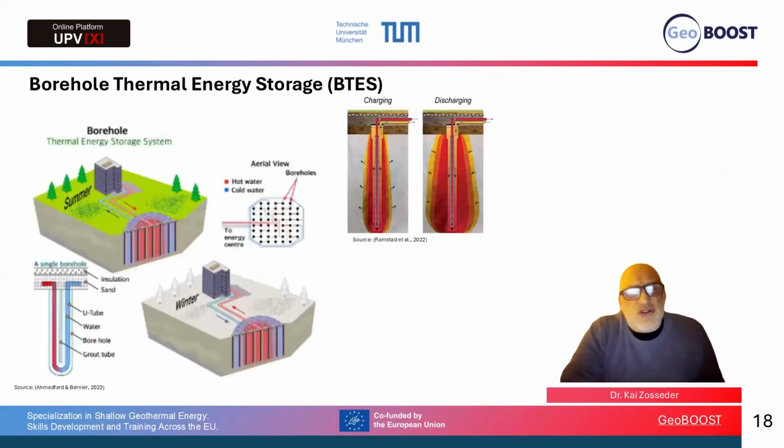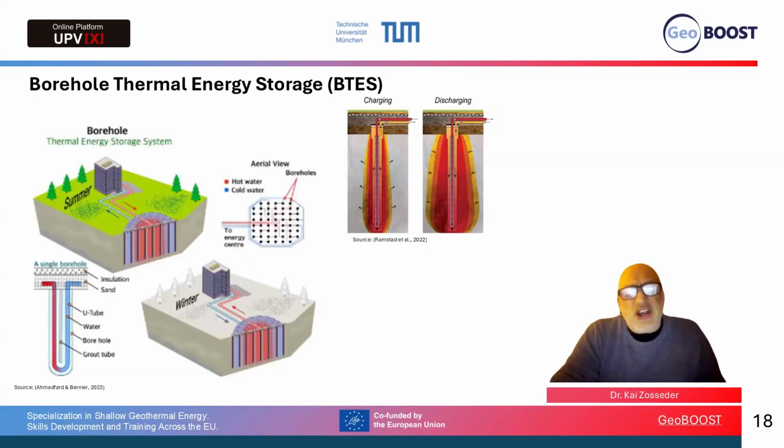Of course, you can use borehole heat exchangers also as a storage system, a so-called BTES system. This is quite like an ATES, just in a closed loop system. So you have a charging and a discharging, which means you charge, you put heat in the underground with the borehole heat exchangers, and then you can use it during winter time and discharge it.